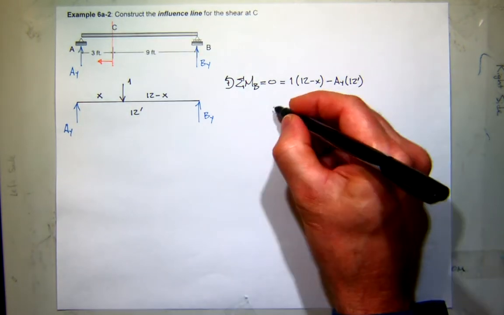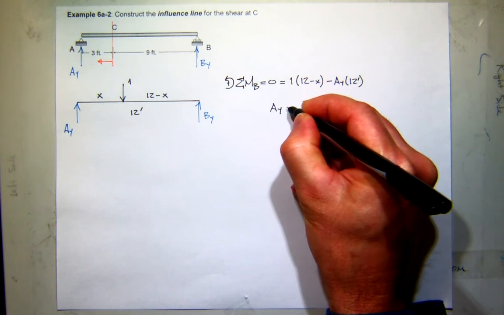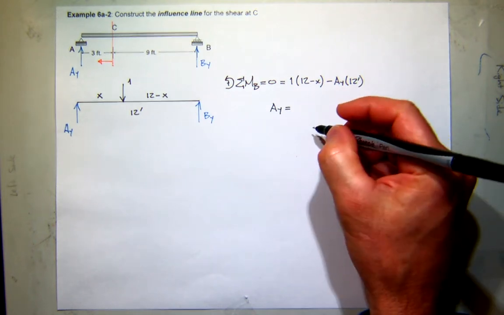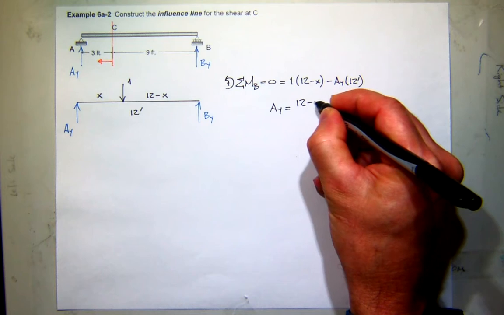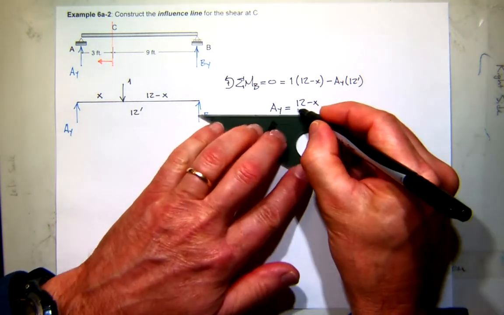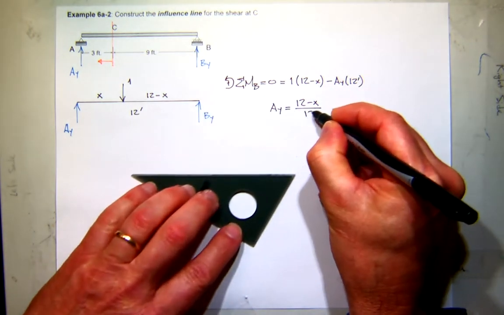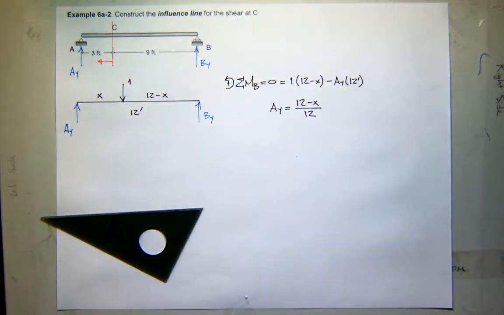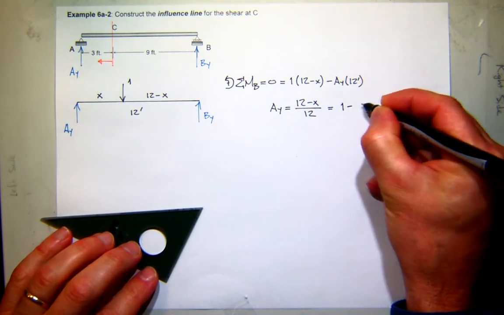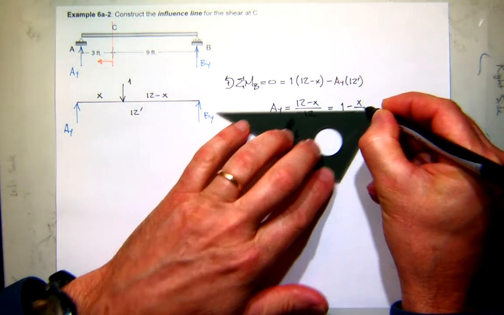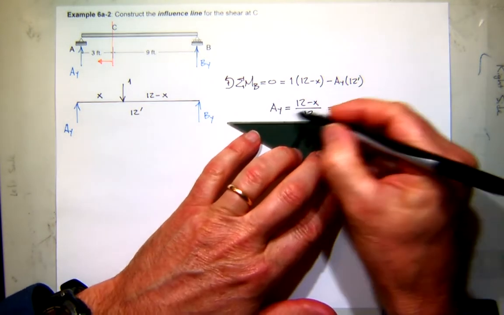So we'll solve for AY, and AY is equal to 12 minus x over 12. I guess we could rewrite that if we wanted to as 1 minus x over 12. That might be a little easier to deal with.